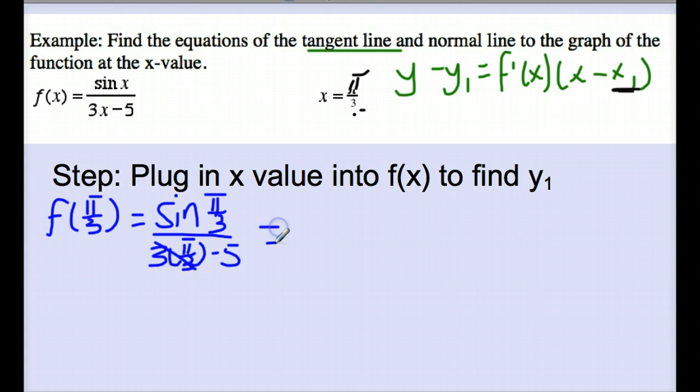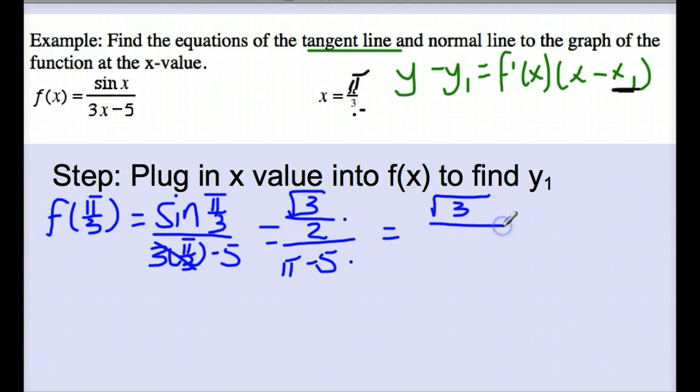These 3s cancel, and I get square root of 3 over 2 over pi minus 5. Since I don't like fractions in fractions, I'm going to bring my denominator down to get square root of 3 all over 2 times the quantity pi minus 5. This is my y1, which we can plug in a little bit later.